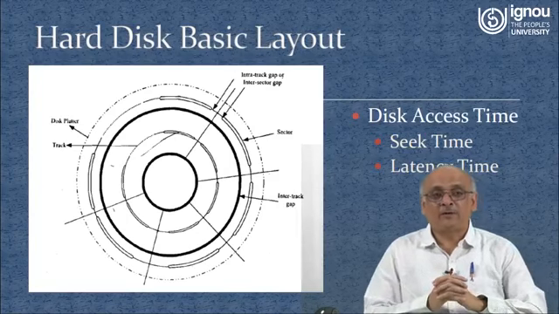The CPU gets the information from cache faster. Then what we know about main memory is that it is always a volatile memory. Volatile memory means it loses its content as soon as you switch off the machine.